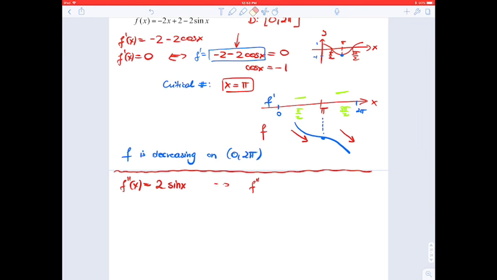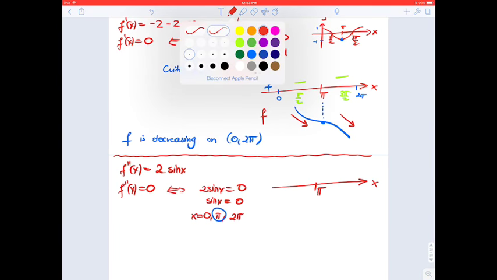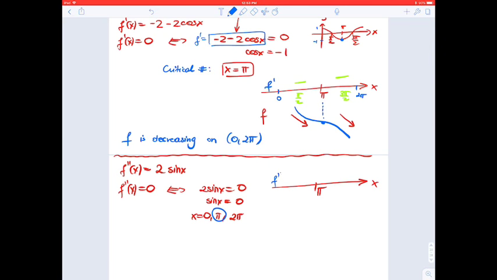And this derivative is 0 if and only if 2 sine of x is 0, which means sine of x is 0. Sine is 0 at 0, pi and 2 pi, but we will only take pi because 0 and 2 pi are the endpoints. And actually, yes, correct.